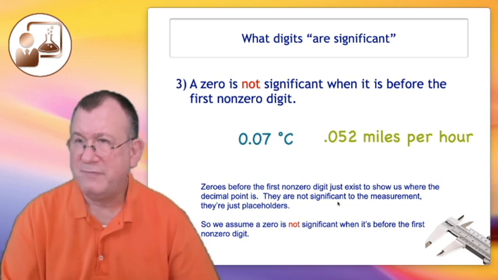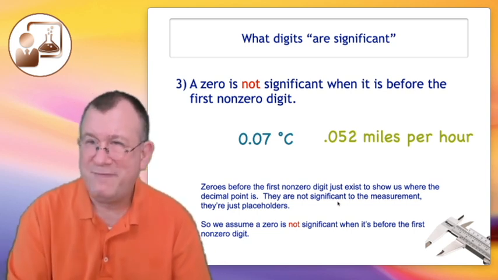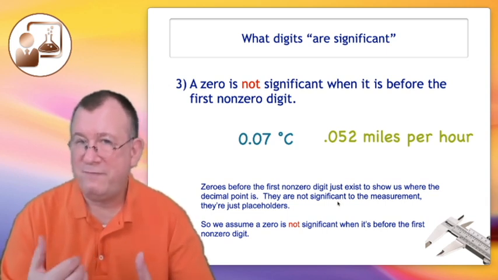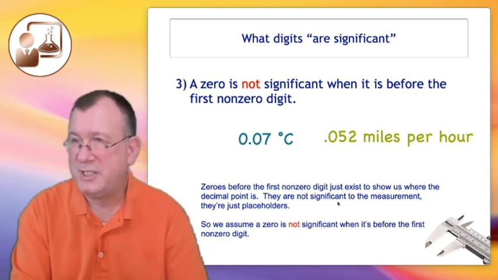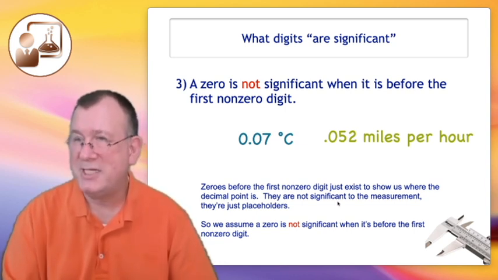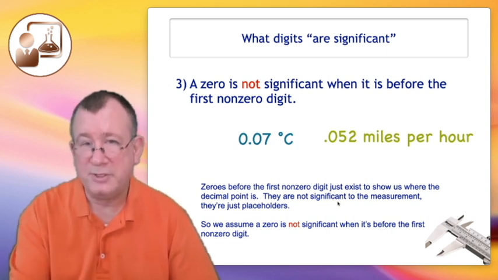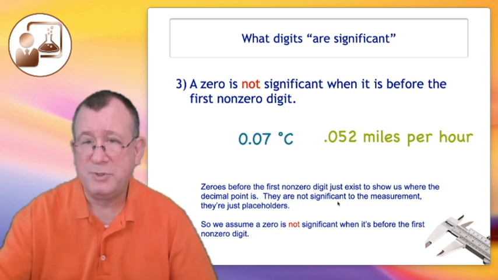That 0.052 is helping me understand that I'm talking about 0.05 of a mile per hour, not 52 miles per hour. So that 0 is only there as a placeholder. It's not significant. It's just a way of showing me the magnitude of my measurement, the scale of my measurement. And the same with 0.07. There's only 1 significant digit in that temperature measurement.